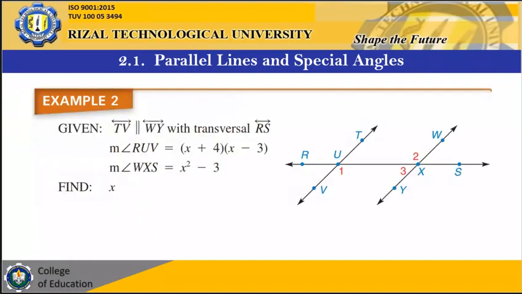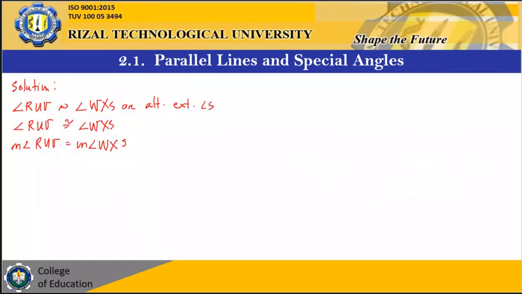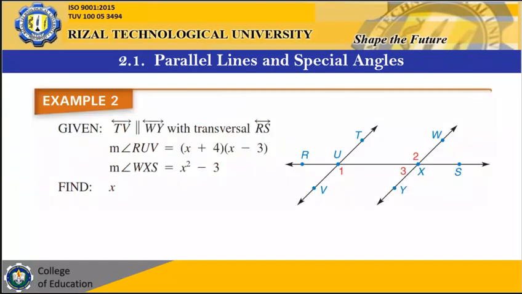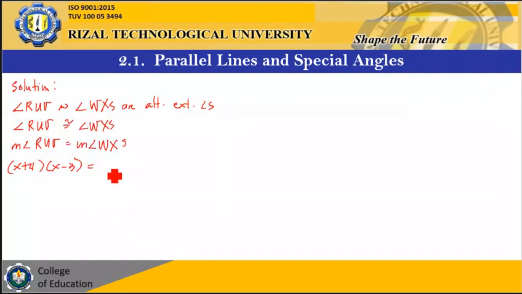So in the given, the measure of angle RUV is x plus 4 times x minus 3, is equal to the measure of angle WXS, which is x squared minus 3.